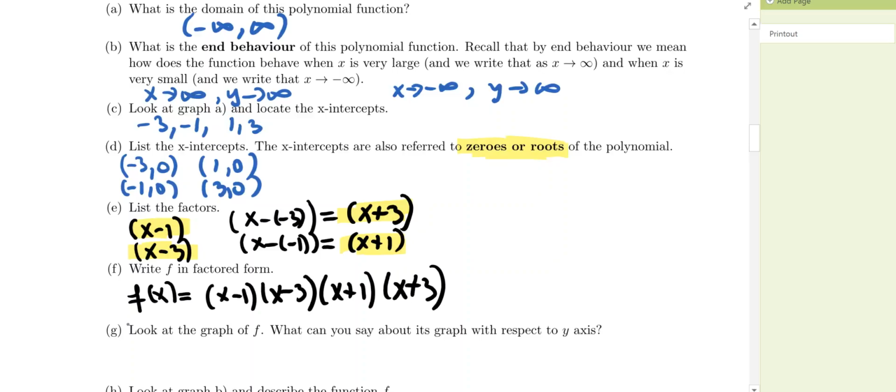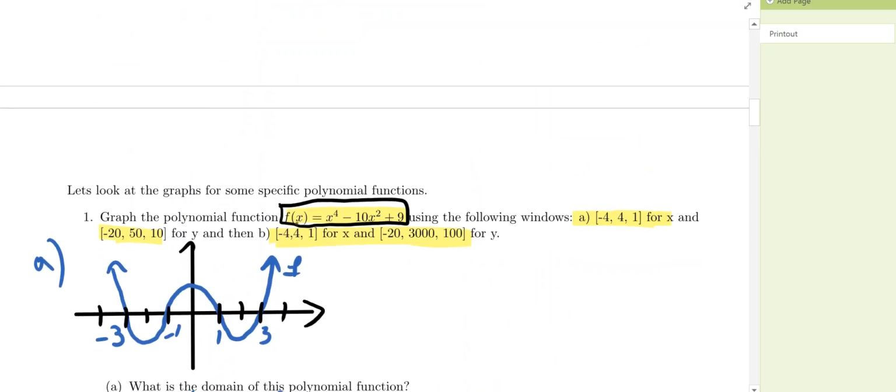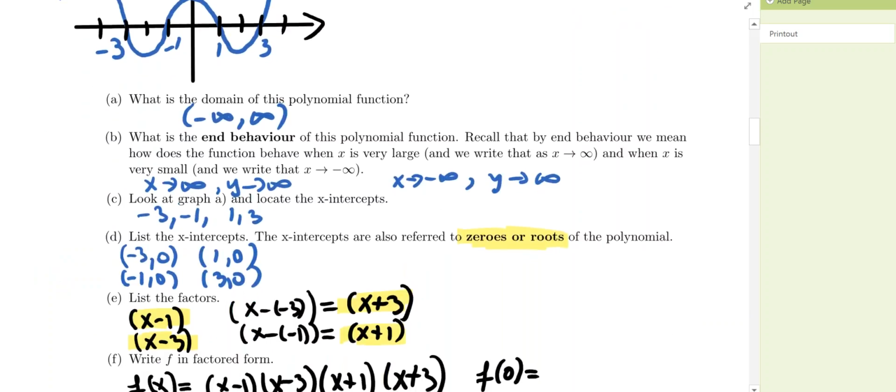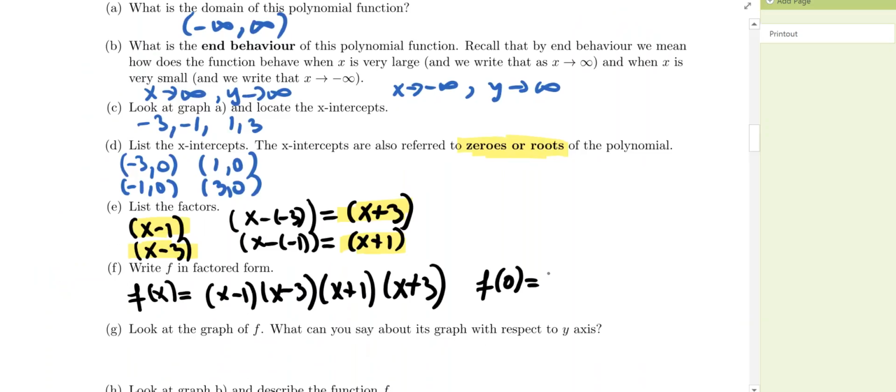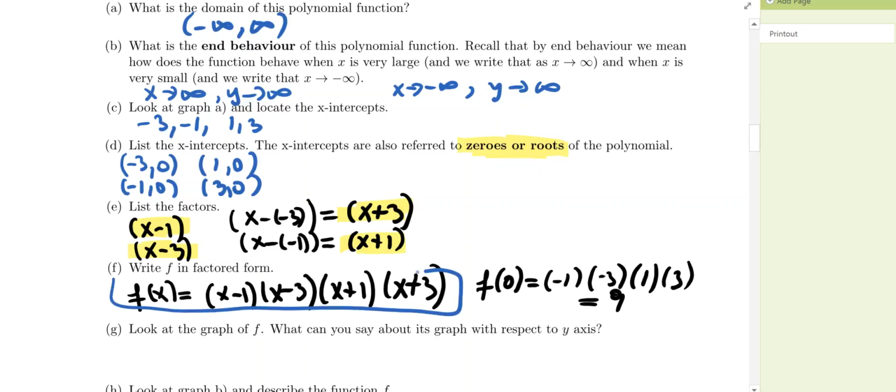And we can verify that I don't have a coefficient in here, hence that it's 1, by verifying f of 0. What does it have to be equal to? I plug in 0 for x, so I must get 9 out. So let's see what f of 0 would be. It will be 0 minus 1, which is -1, times 0 minus 3, which is -3, times 1, times 3, which is equal to 9. So this is the correct factored form.